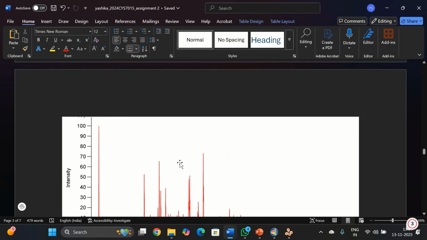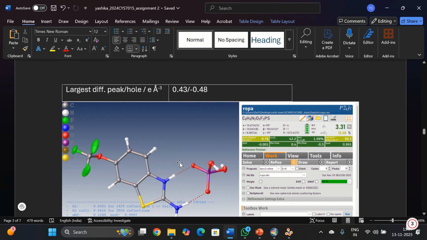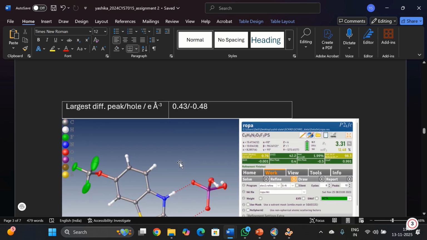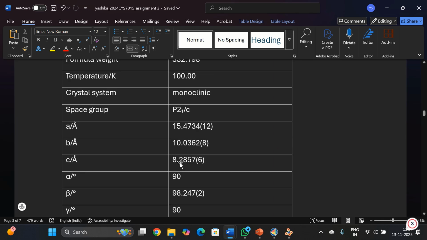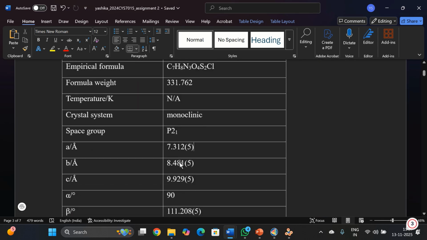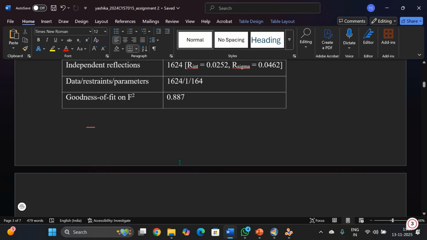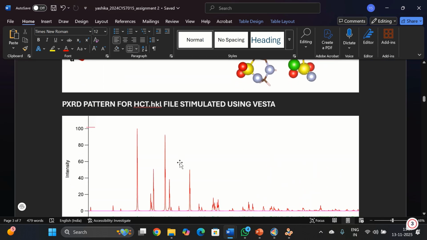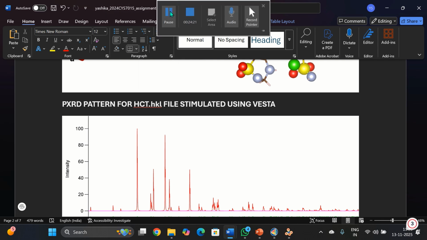So this is how we follow this: from getting the electron densities at particular positions from the X-ray diffraction data, using it to create the structure, seeing its packing in the unit cell, and then its powder XRD to check its phase purity. This is how it is done, the complete interpretation of the data from X-ray diffraction patterns.